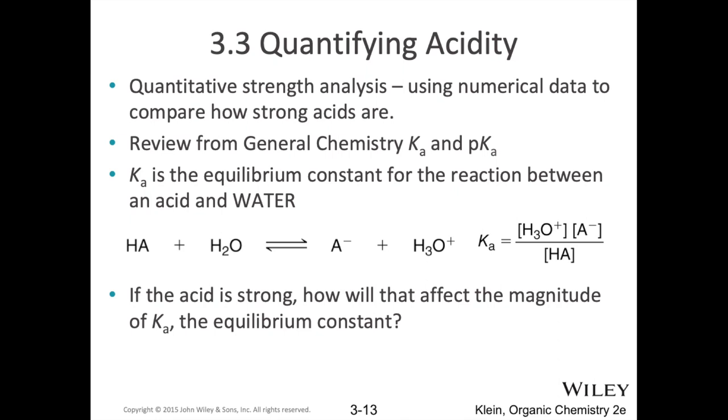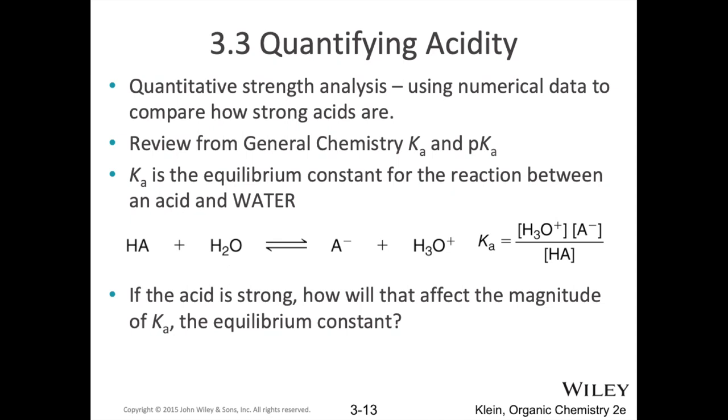Again, hopefully this should ring a bell from Gen Chem, but if not, let's talk about it. When we have a weak acid reacting as an acid, we can write out that equilibrium, and from it write an equilibrium expression.